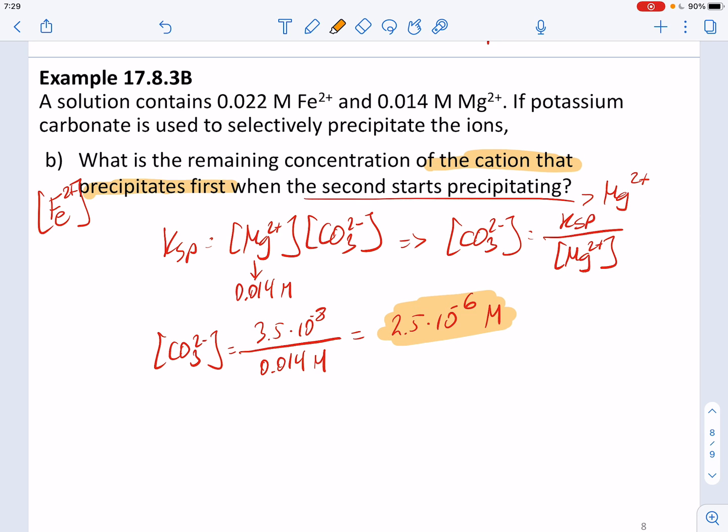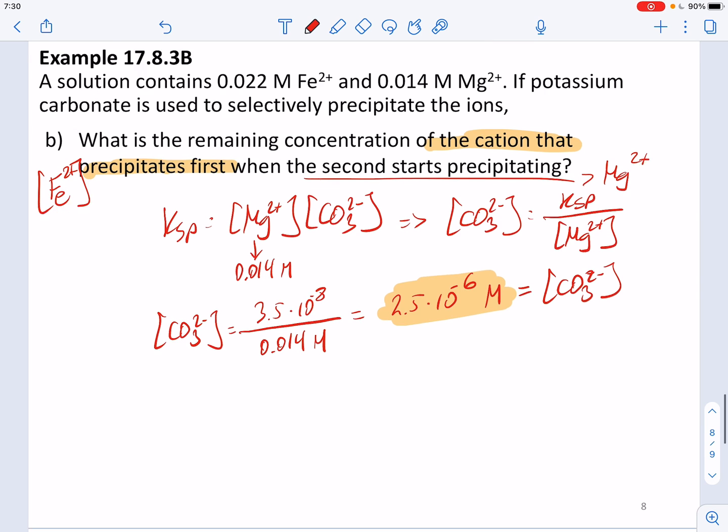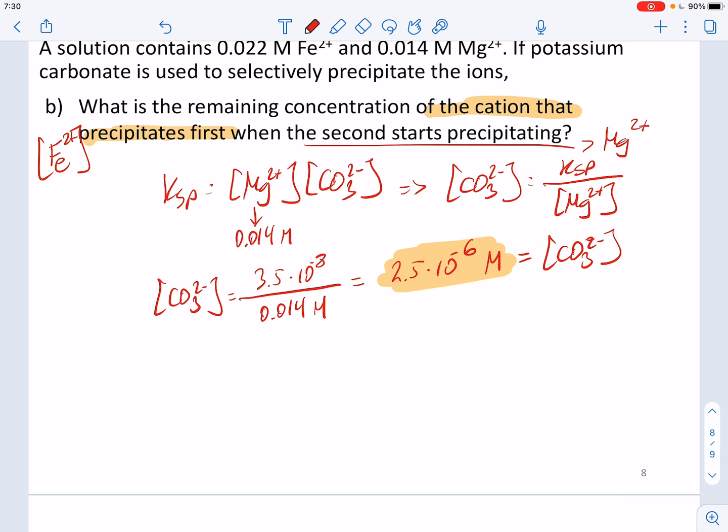But then how do you determine the concentration of iron when you reach that point? Well, you have to assume that this is now the concentration of carbonate, and we are going to determine the concentration of iron when the carbonate reaches that point. So let's change color here. KSP equals iron times carbonate. In the previous step, we were calculating carbonate. Now we are going to calculate iron with this concentration of carbonate.